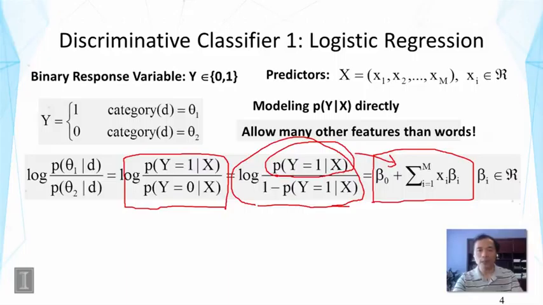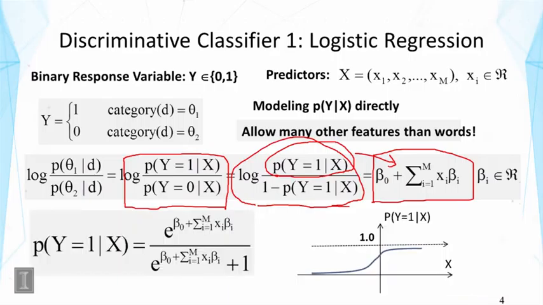So if we rewrite this equation to express the probability of y given x in terms of x by getting rid of the logarithm, we get this functional form, and this is called a logistic function. It's a transformation of x into y, as you see on the right side here, so that the x's will be mapped into a range of values from 0 to 1.0.